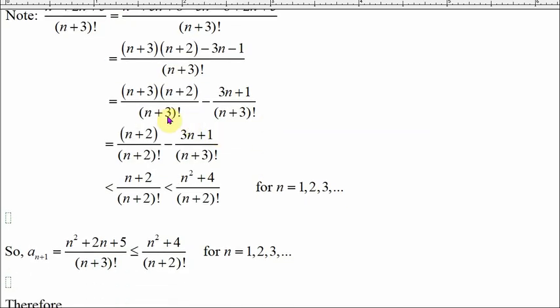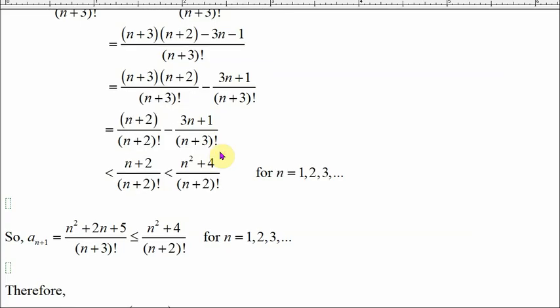n plus 3 factorial is the same as n plus 3 times n plus 2 factorial, and the factors n plus 3 will cancel each other out, and then what's left is just (n plus 2) over (n plus 2) factorial. And then over here we just get (3n plus 1) over (n plus 3) factorial.